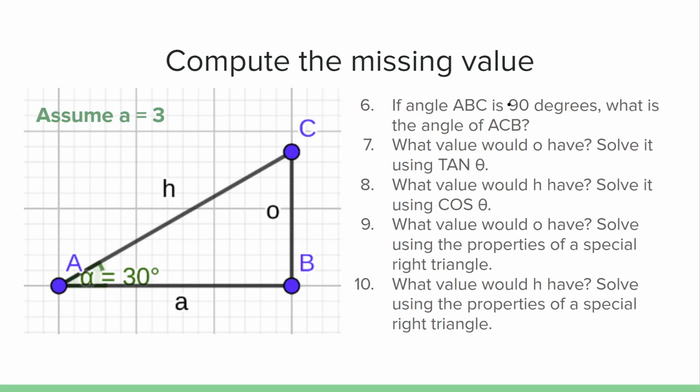If angle ABC is 90, and assume A is equal to 3 here, what is the angle of ACB? Let's go with Aaron Camarillo.